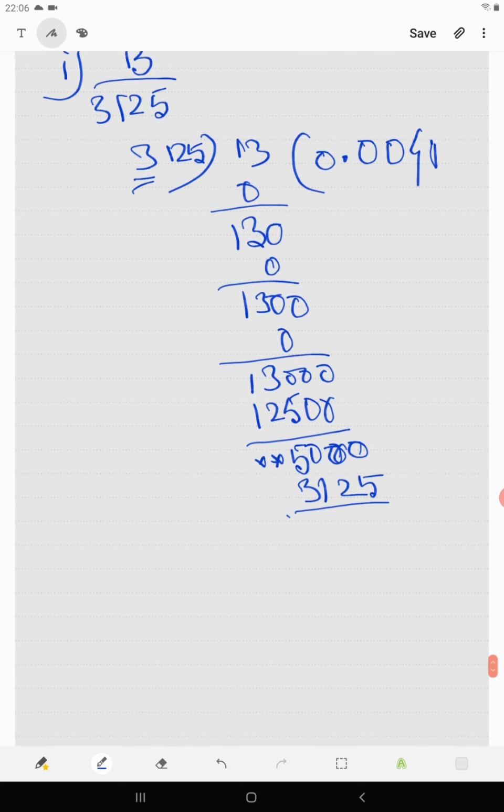It will give me 10 minus 5 is 5. This will become 9. 9 minus 2 is 7. This will become 9. 9 minus 1 is 8. And this will become 4. 4 minus 3 is 1. Now you put 0 over here.